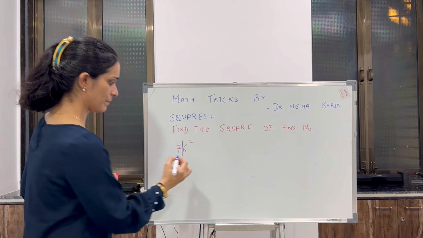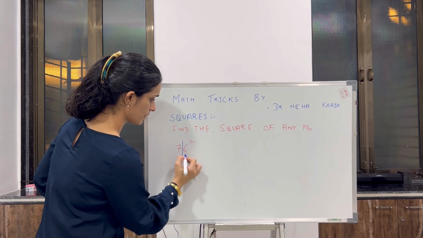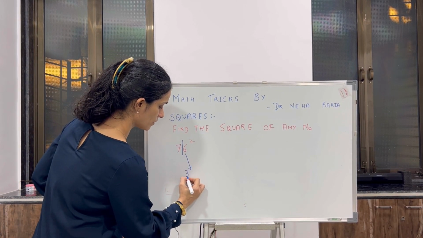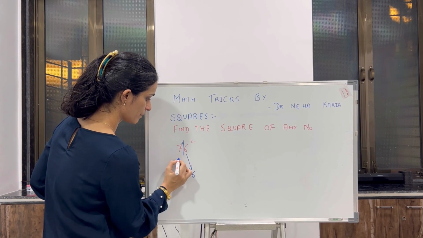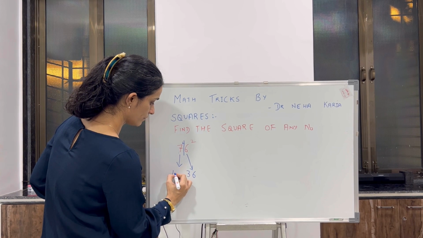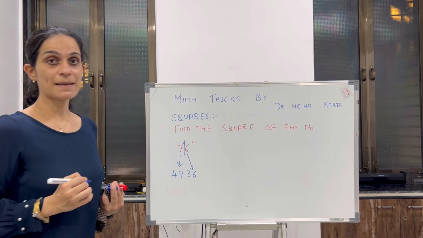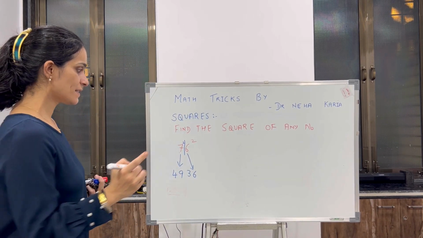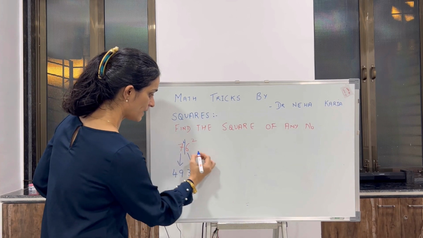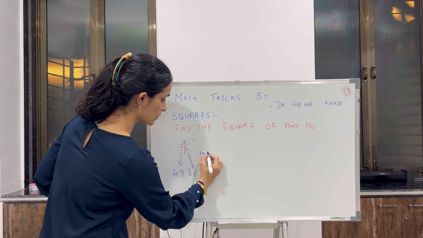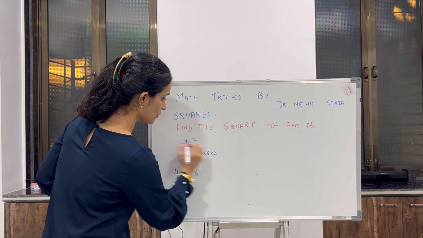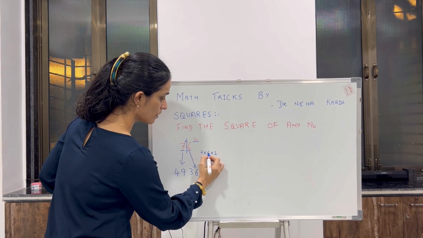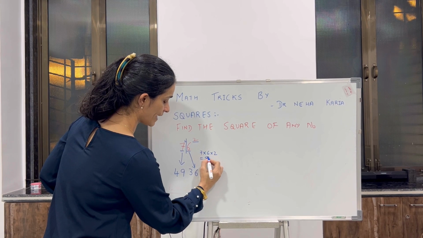My first step, 6 square, 36. 7 square, 49. The step is not over. Next step, I have to multiply 7 into 6 into 2. That means I have to multiply 7, 6 and 2. Okay. So 6 2s are 12, 12 7s are 84.